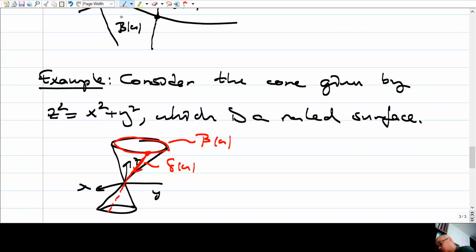What are the different rulings on this cone, for example?